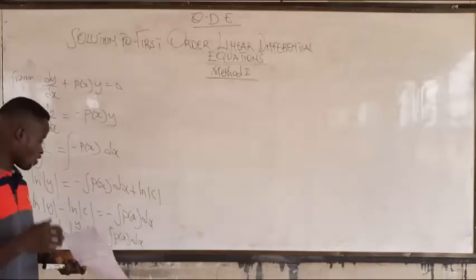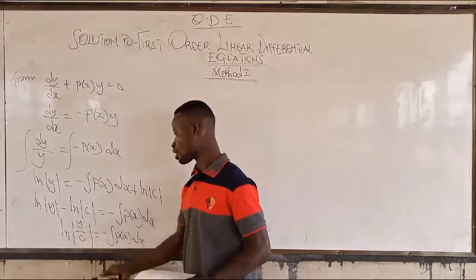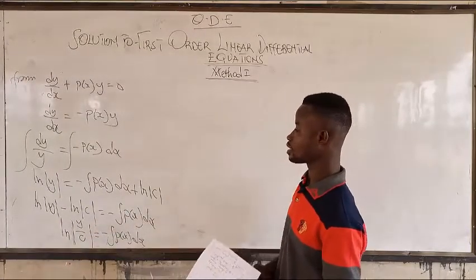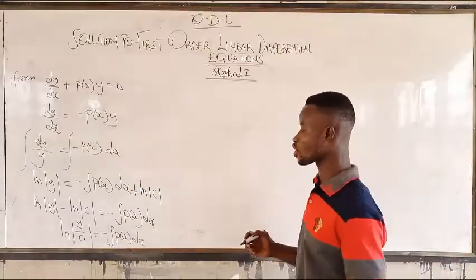Now, for us to get y over c, we can take the natural log on both sides.